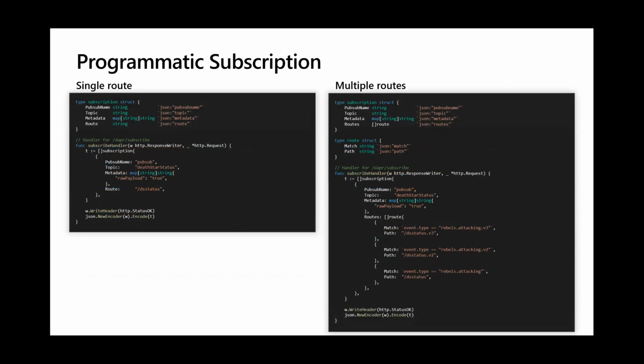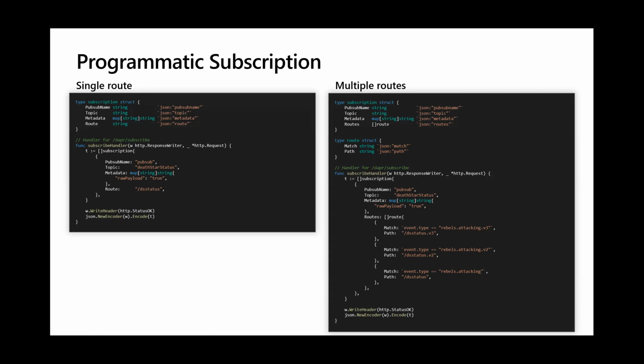Just a refresher on the programmatic subscription: again, it looks very much like the YAML syntax, where you define the same things. I don't show a gRPC example here, but this is the HTTP example. For Dapr subscribe, this is also showing it without an SDK, just so you see the raw data being passed back and forth, but you're basically returning the same kind of information as in that YAML, right?